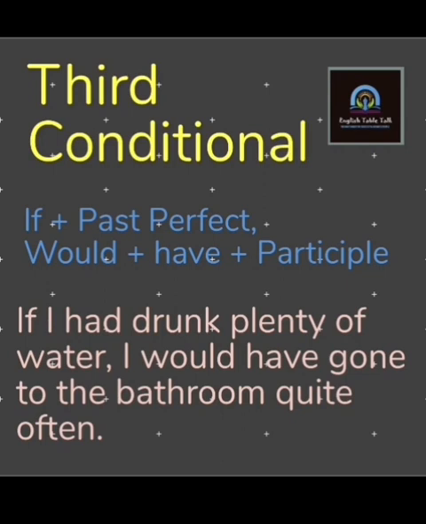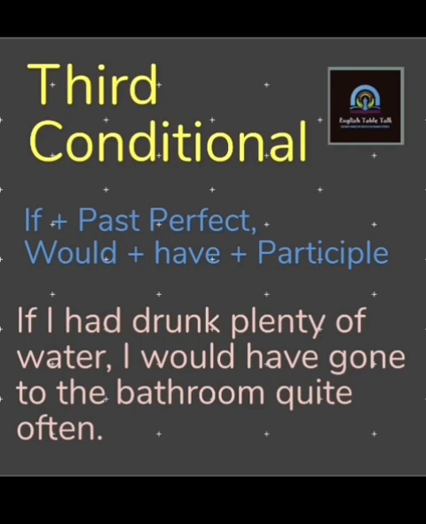The next conditional we're going to check is called the third conditional. And the structure here also changes a lot. So be mindful of these changes when you're speaking or when you're writing in the third conditional. The first part of the sentence is again with the word if, but here we have to use the past perfect.